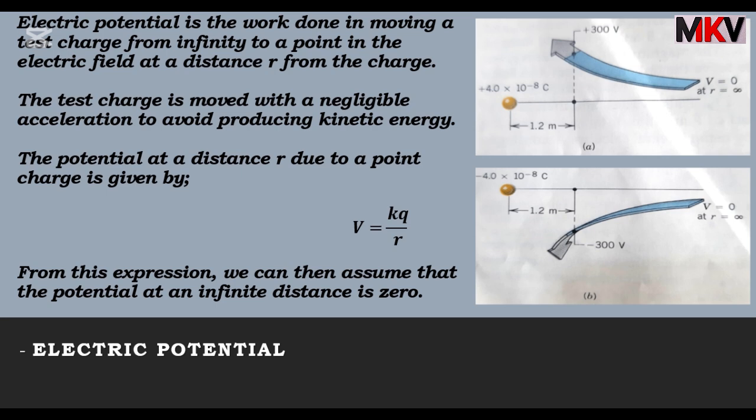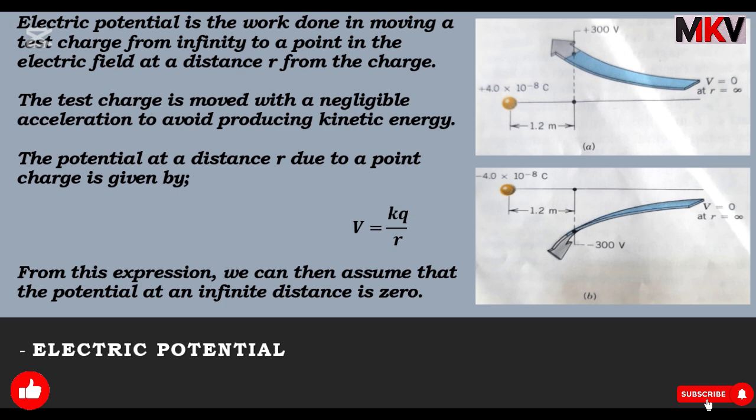So the work done in moving the test charge from infinity to a point at a distance r from the charge gives the electric potential. So at that point here, the potential will not be equal to 0 since it is at a distance r from the charge.